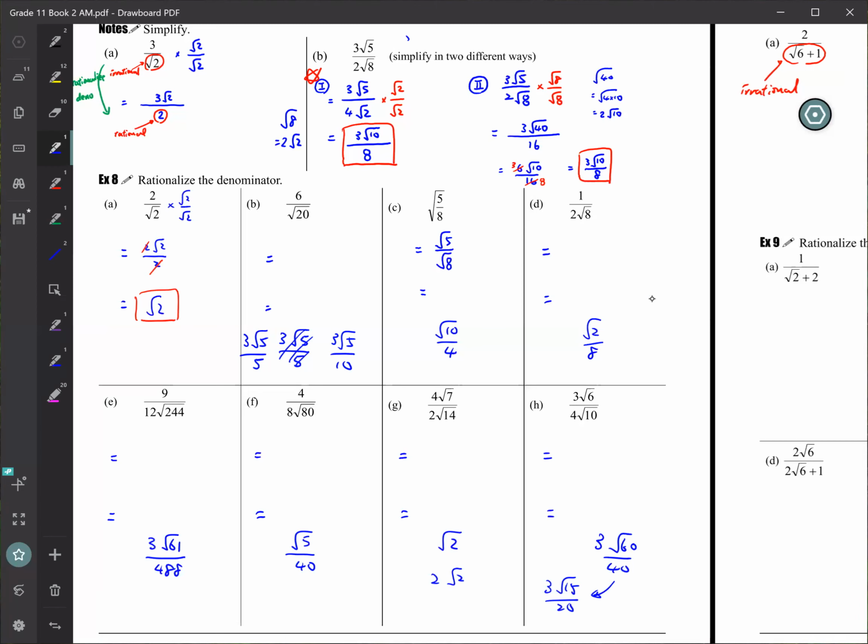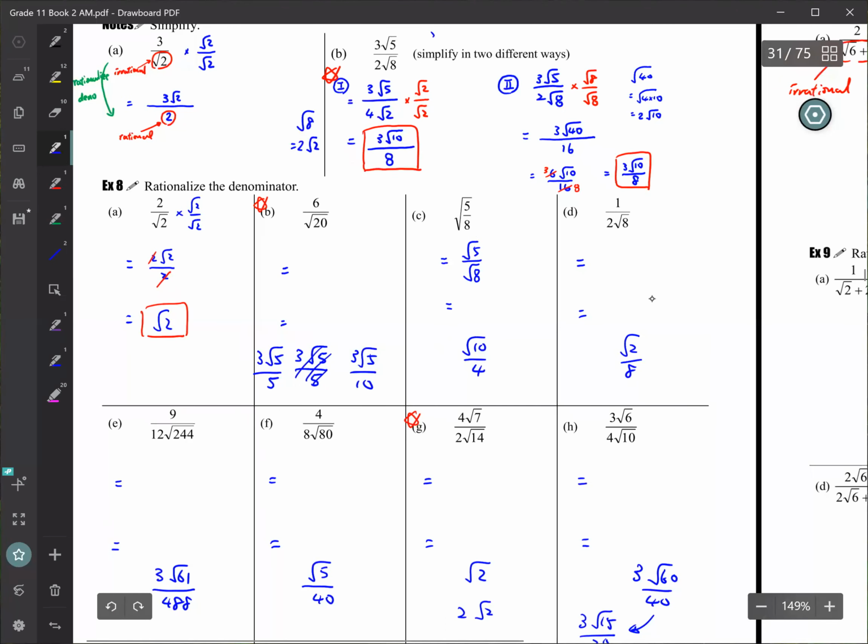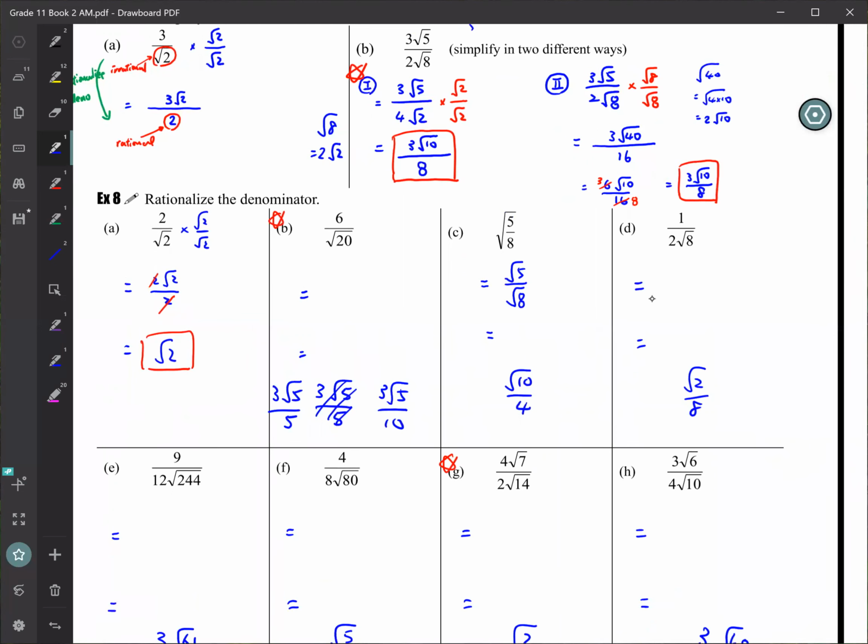Okay, let's go over these steps. Just a few questions have 2 answers, G and B. So let's start with question B. We want to simplify right away, before rationalizing. For the 20, I can take the pair of 2s out. So that makes 6 over 2 root 5. And then we rationalize the root 5.